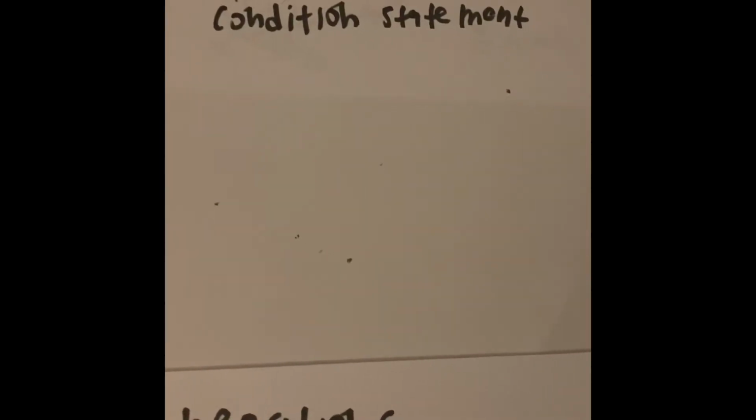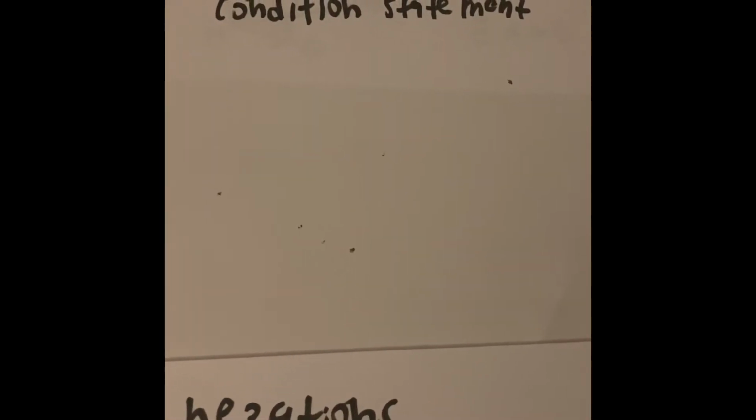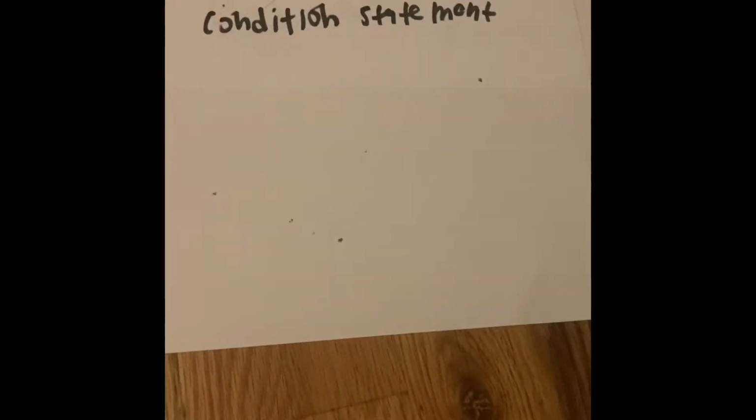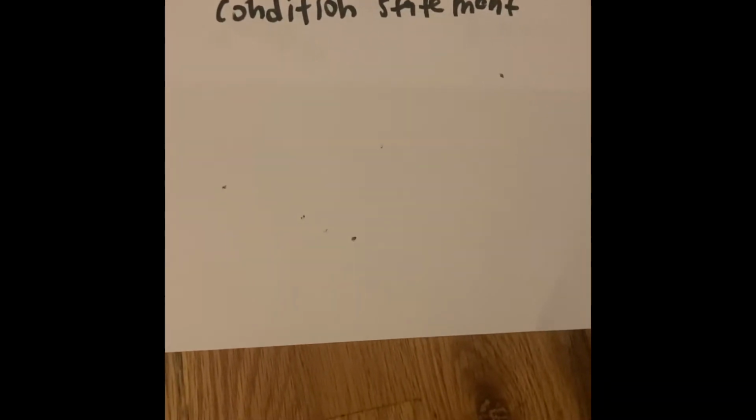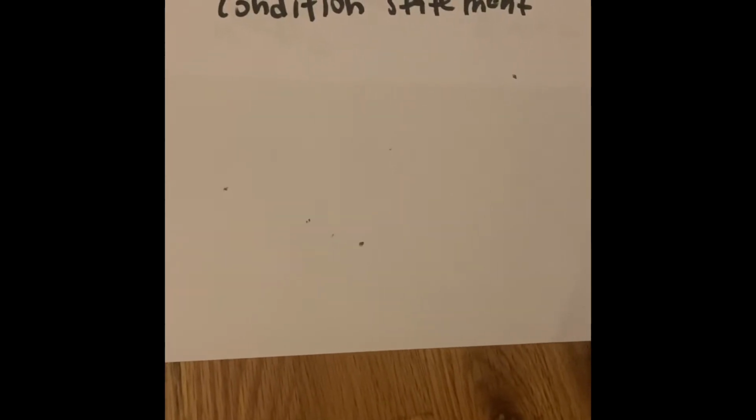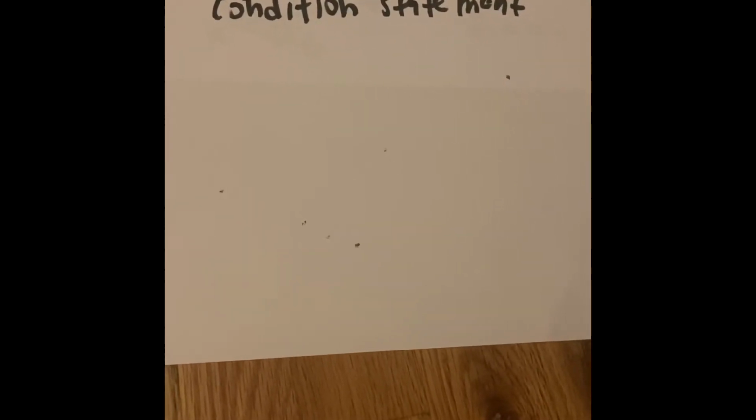Let's start with conditions. When you do conditional statements, you've probably heard of if-then statements. Like, if this happens, this will happen. If that happens, that will happen. That's what a lot of conditions are: if this happens, then that will happen.